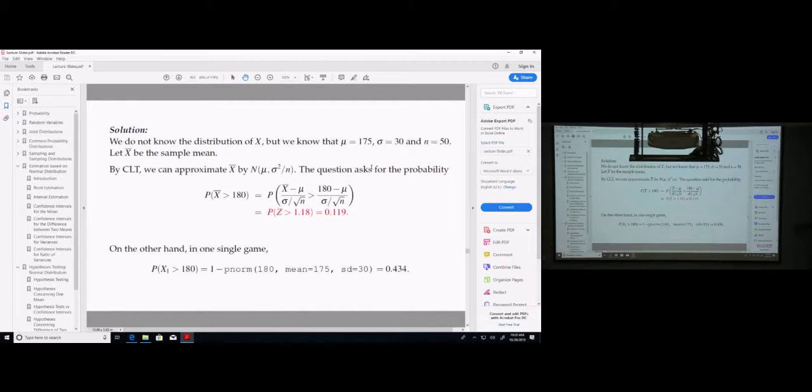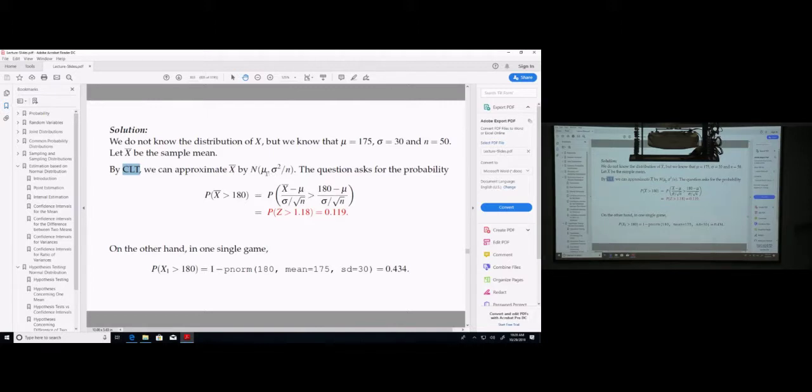But anyway, we were told that the mean of John's bowling scores is 175, and the standard deviation is 30, and then n is 50. So basically, again, we quote the central limit theorem, and we work out the mean and the variance of the sample mean, which is the population mean.